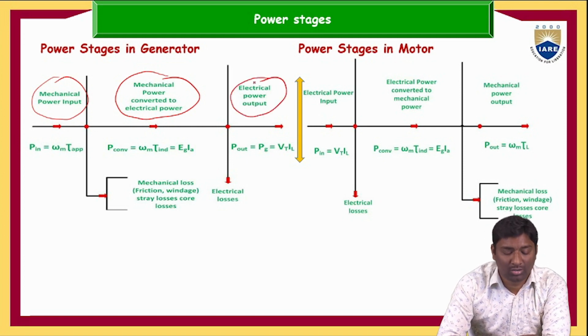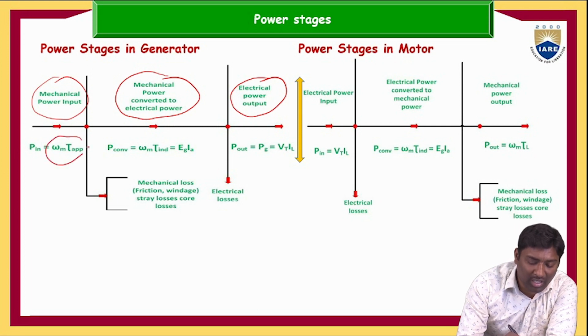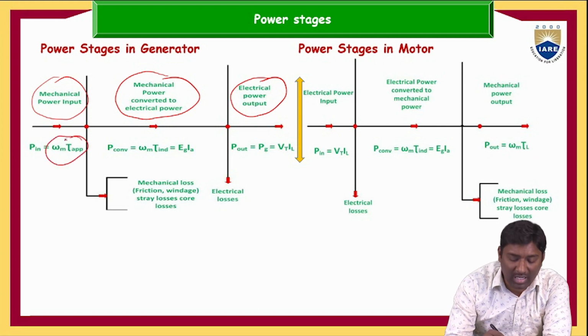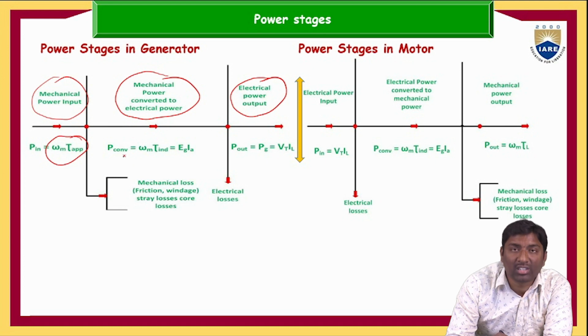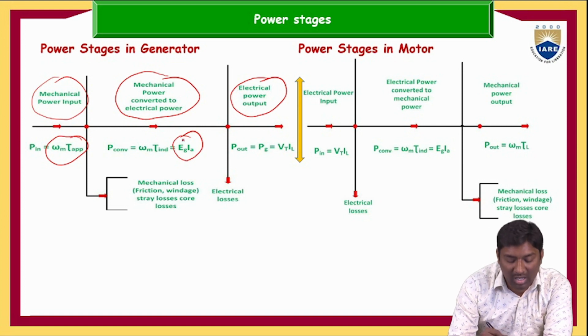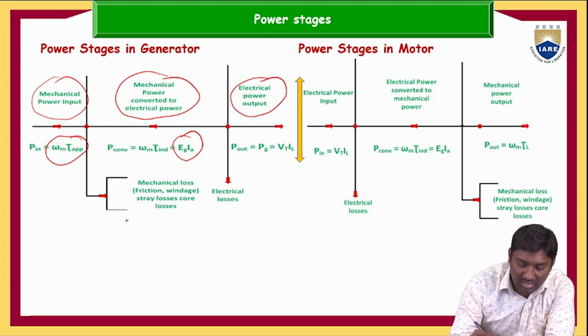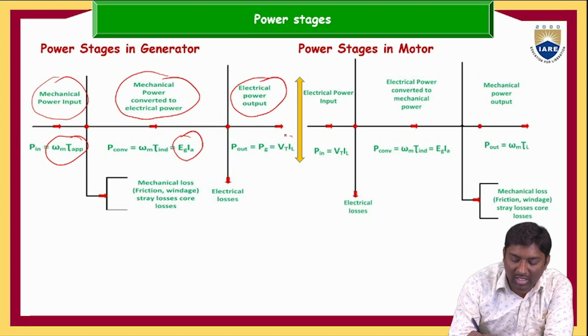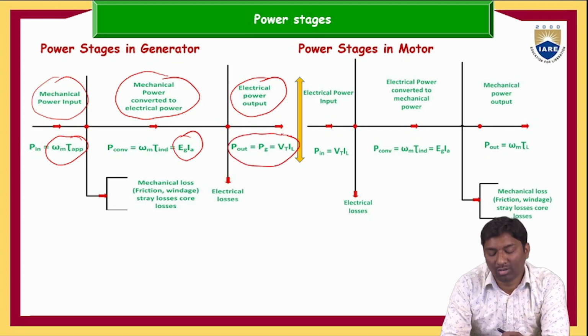In the conversion process, mechanical to electrical, we get the generated EMF and armature current, and the output power is equal to terminal voltage into load current.